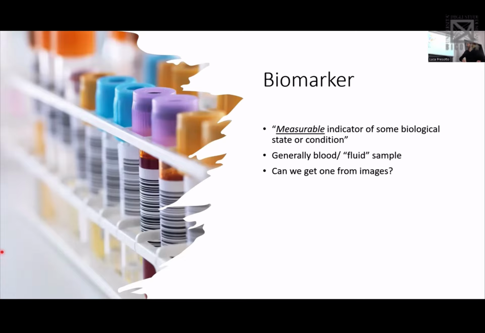Height and weight are not indicators of some condition, but if you have high levels of amyloid protein in the cerebrospinal fluid, that's a marker of something related to Alzheimer's disease.